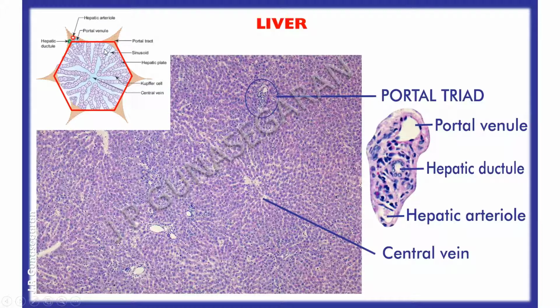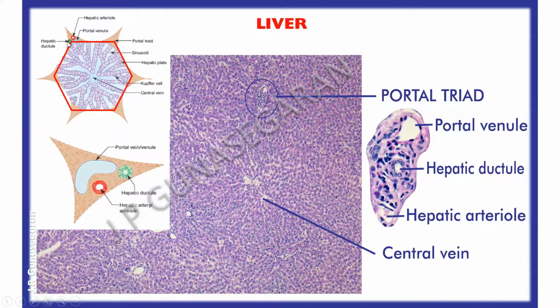Some of the endothelial cells lining the sinusoids are modified to become Kupffer cells, which are phagocytic in function. They are part of the mononuclear phagocytic system. The triangular portal tract seen at the corners of the hexagonal lobules contain branches of hepatic artery, portal vein and hepatic ductule.